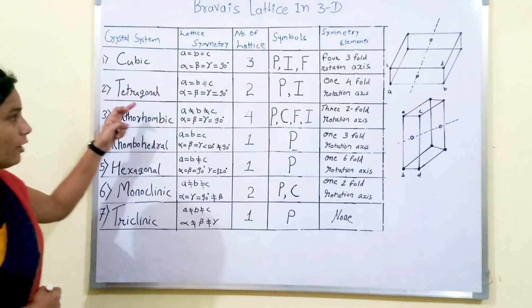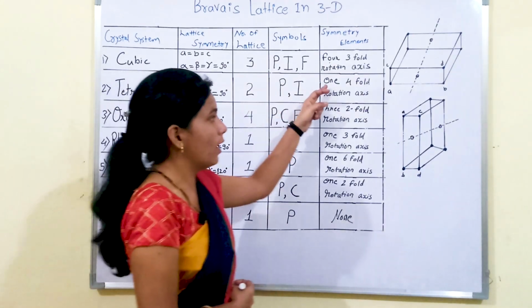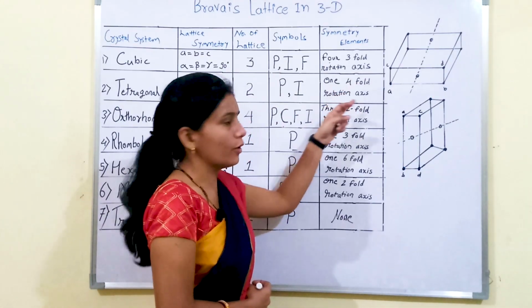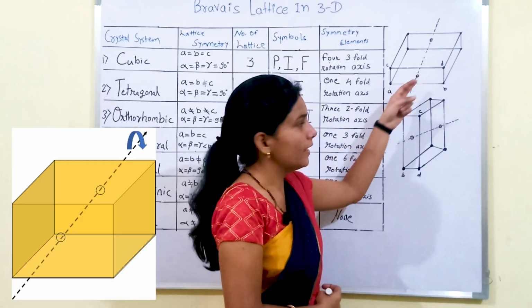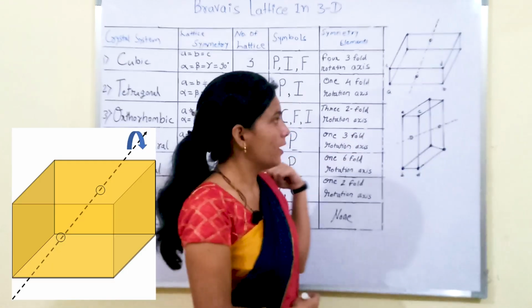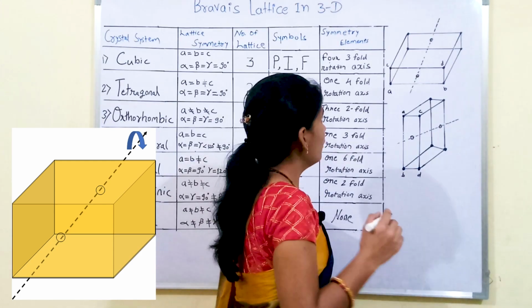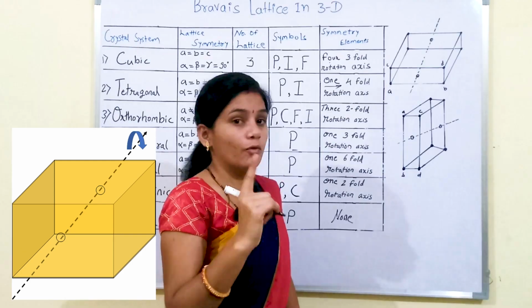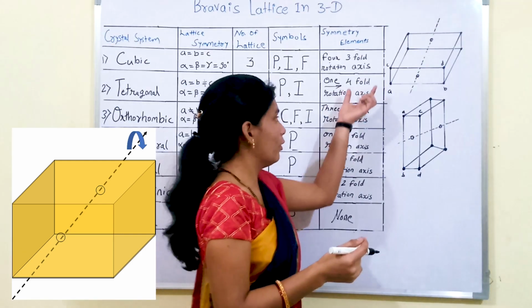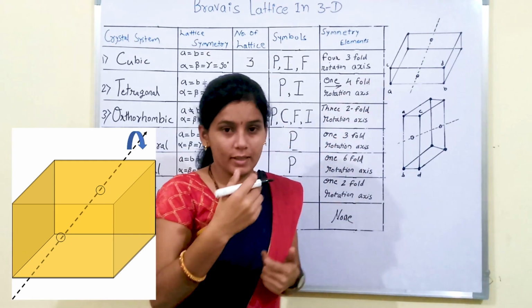Now in tetragonal we can see here a 4-fold rotation axis. In this figure we can see this is a tetragonal lattice in 3D. So we have here 4-fold. What symmetry do we have? 4-fold rotation symmetry.